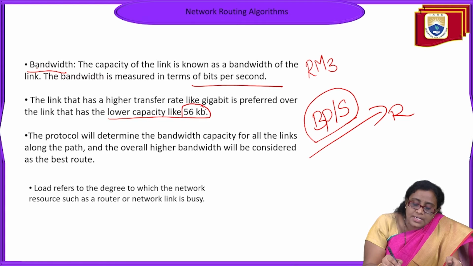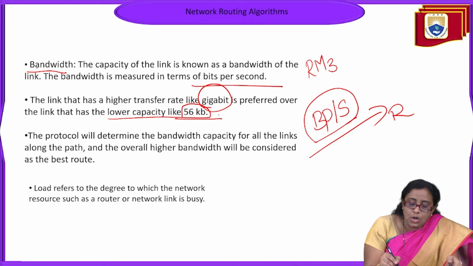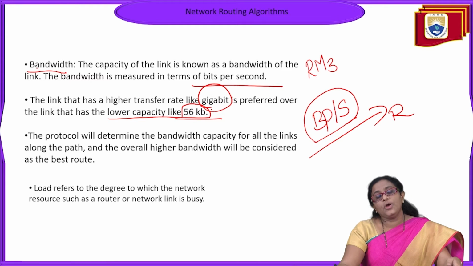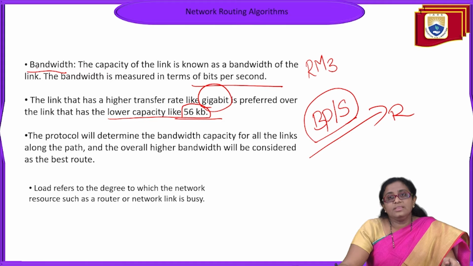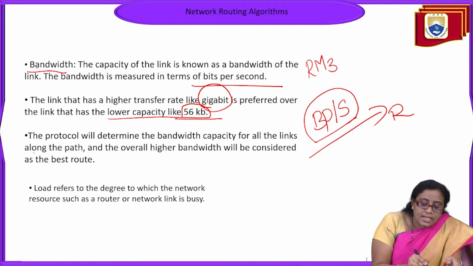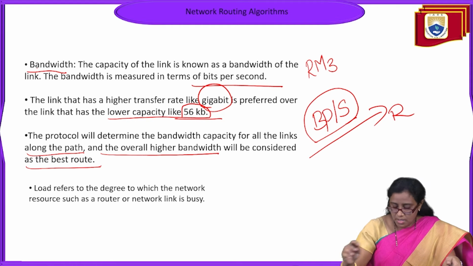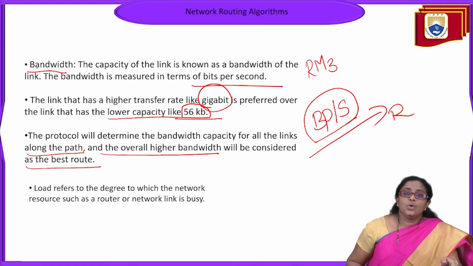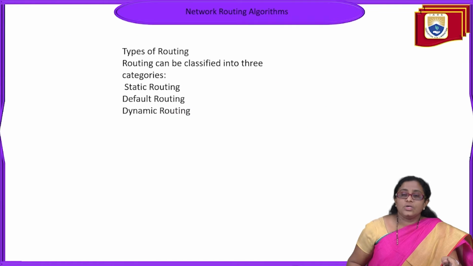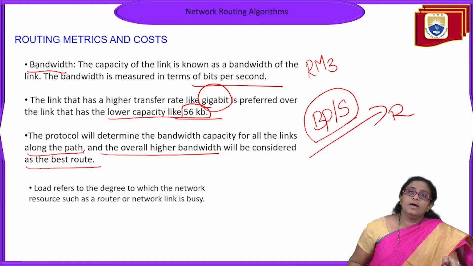The third point is that the protocol will determine the bandwidth capacity for all the links. The links are the paths, and the overall higher bandwidth will be considered the best route. So these are the main routing metrics and costs which should be included under the network routing algorithms.